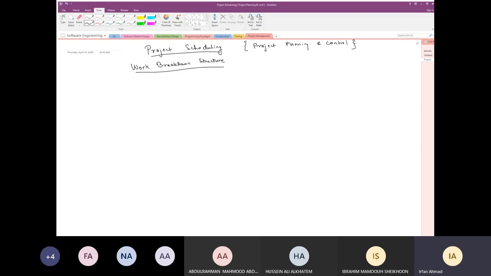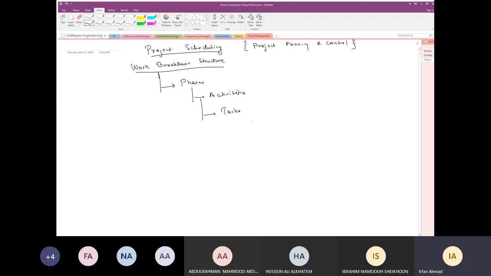Based on the process we are following, we have to divide our project into phases, and phases are further divided into activities, and activities are further divided into tasks. Of course, if a task is big, you might further divide it into subtasks, which are again tasks, right? That's possible. But at the end, it's all tasks.